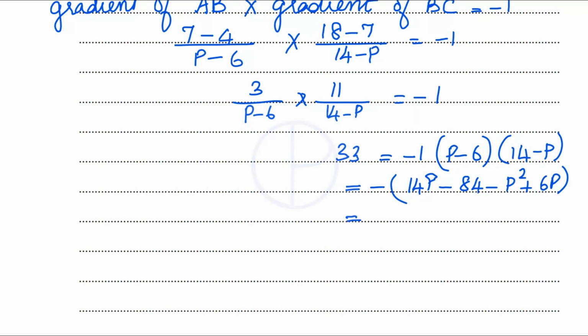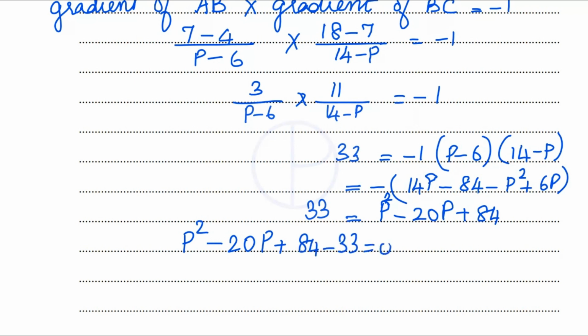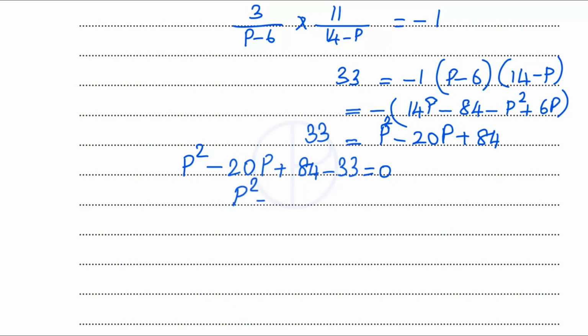Now expand the bracket. Minus multiplied by minus P square is plus P square. 14P plus 6P is 20P multiplied by -1. So -20P plus 84 equal to 33. So let's rewrite this as P square minus 20P plus 84 minus 33 equal to 0. P square minus 20P plus 51 equal to 0.